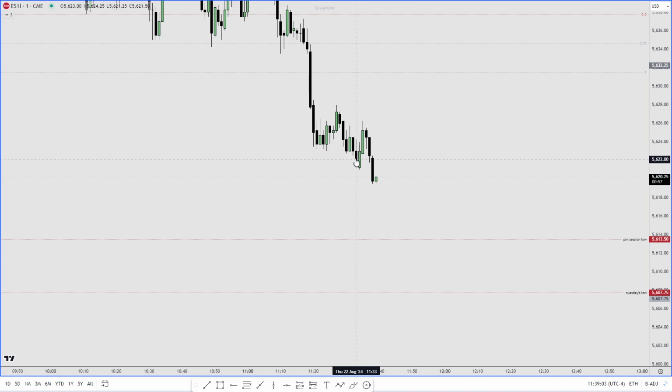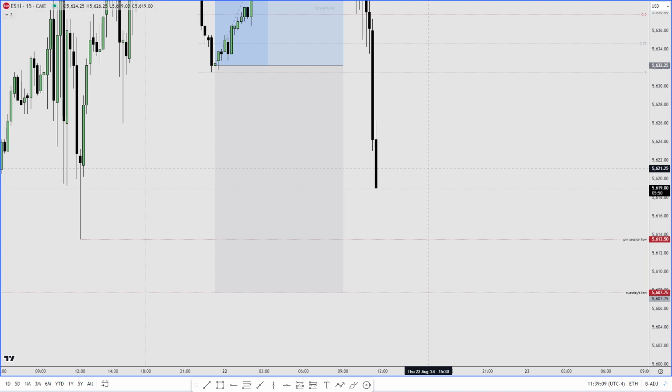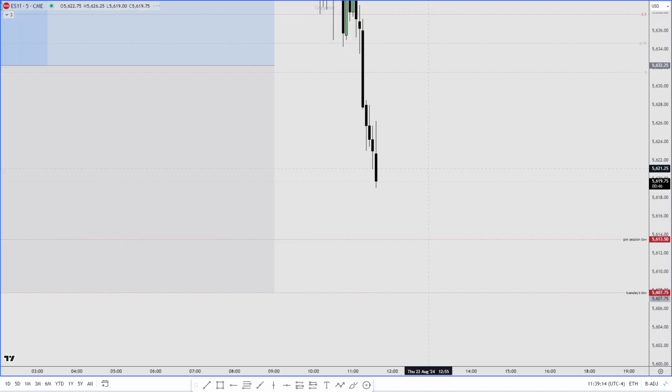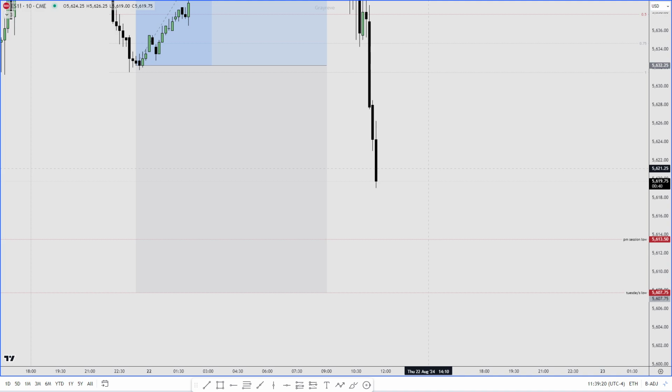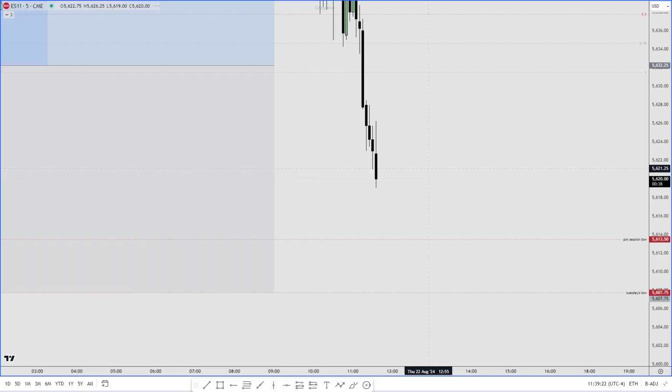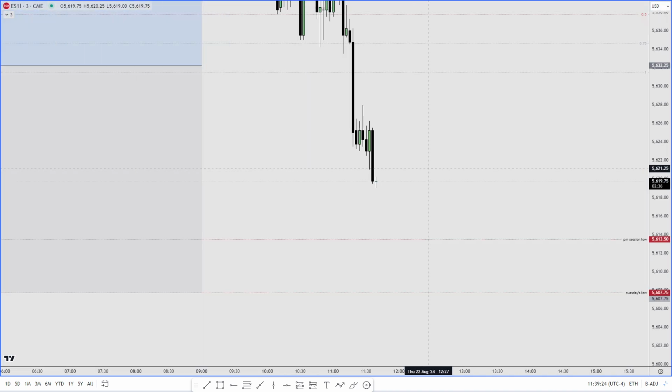But I'm not comfortable shorting this order block here because of the amount of inefficiencies above. It's just not my day, I guess. Not my type of day.